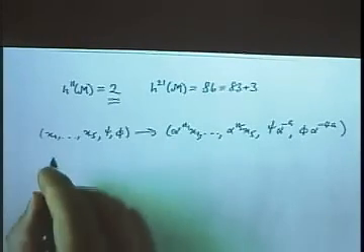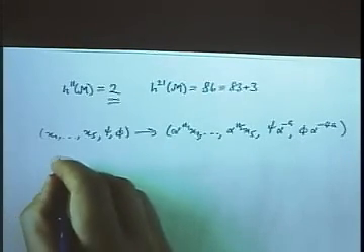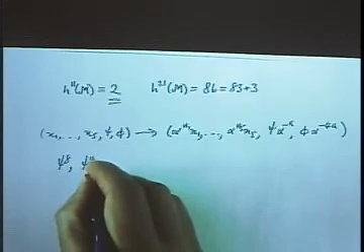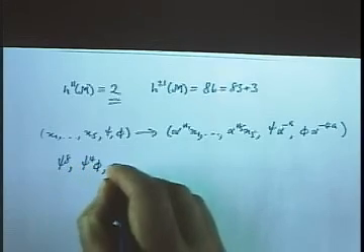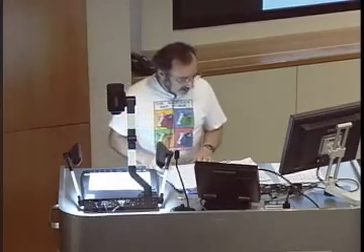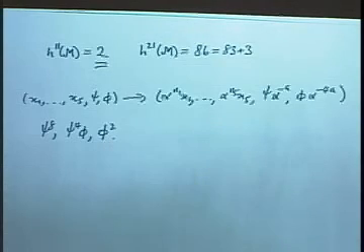So the natural coordinates are psi to the 8th, psi to the 4th phi, and phi squared. Those are the coordinates which are invariant under these transformations. Of course, only two of these are independent. Okay.